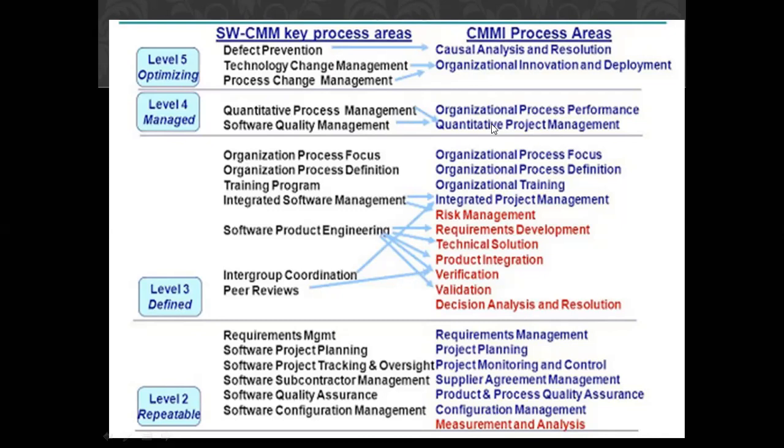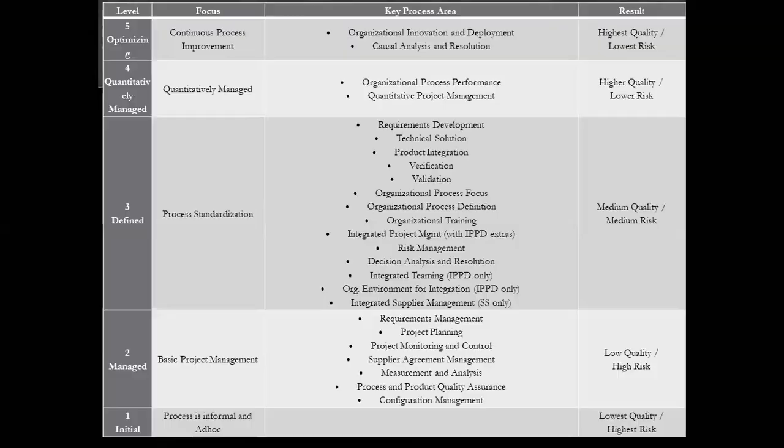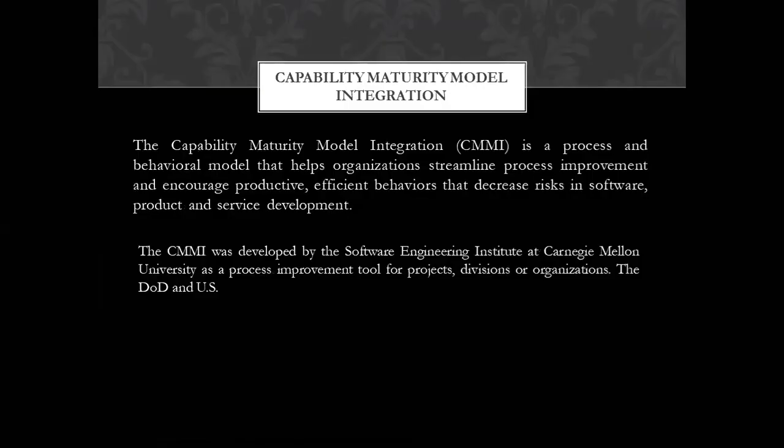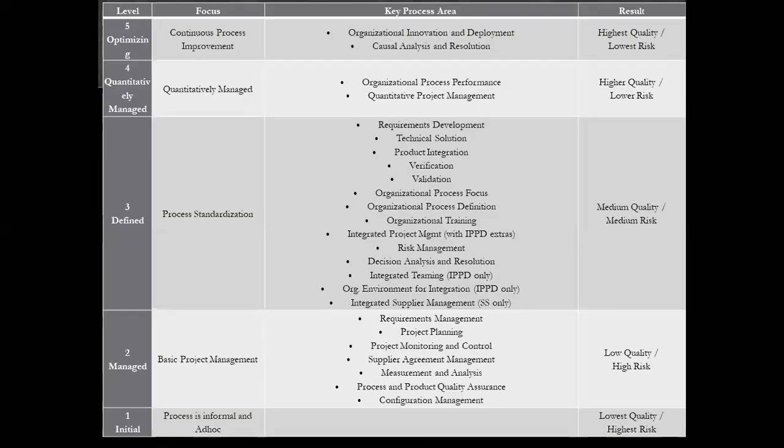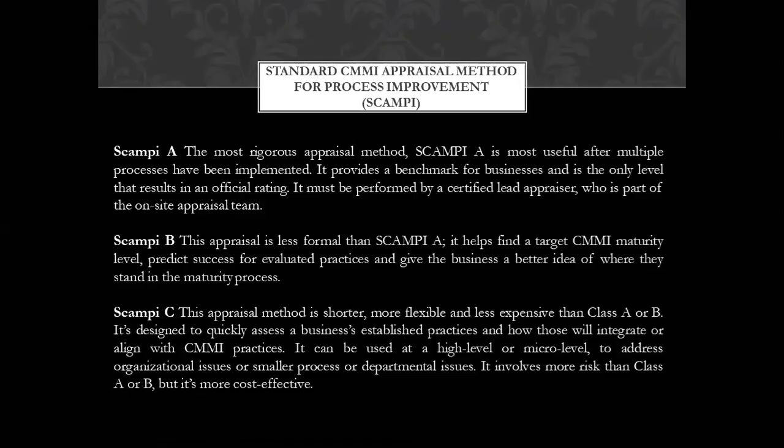Okay. So another thing about CMMI, this one we have seen, key process areas, some new process areas have been added. Yes, this one we have to see. Standard CMMI appraisal method for process improvement. So there is a SCAMPI, you can say.